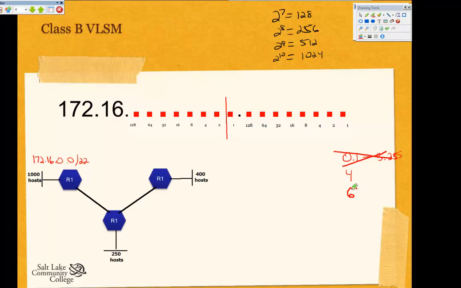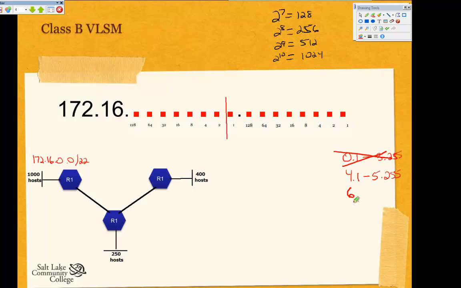And remember, we always define our next network because it clearly gives us the range of what we need. And in this case, the range is going to be 4.1 to, next number is 5, 5.255.